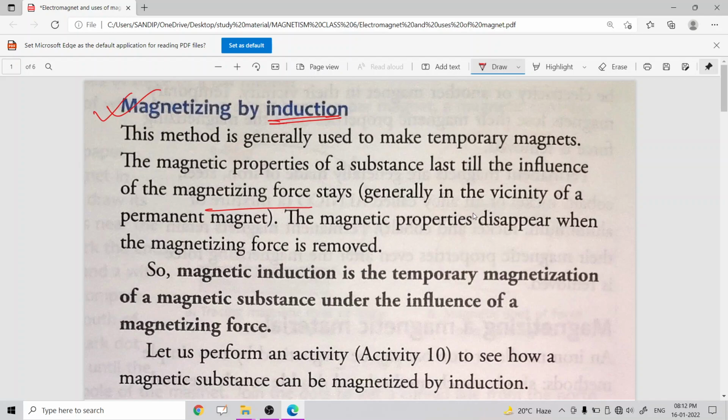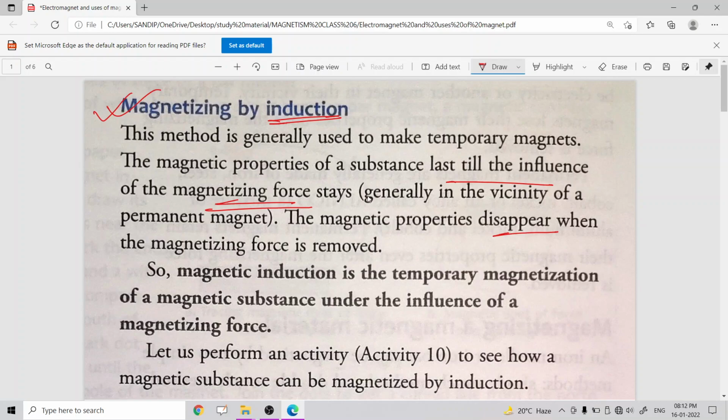That means when we withdraw the magnetizing force, the magnetic property of the substance vanishes. Otherwise the magnetic properties disappear when the magnetizing force is removed.